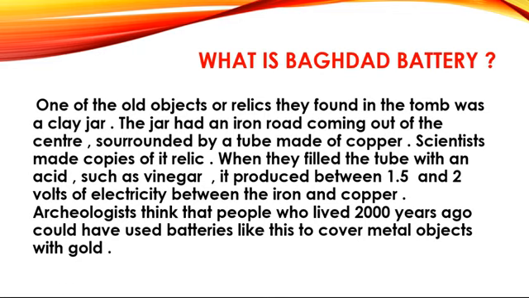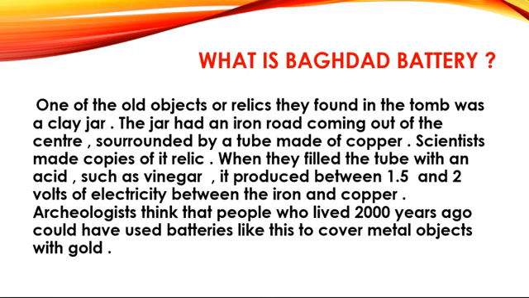The jar had an iron rod coming out of the center. In the center there is an iron rod surrounded by a tube made of copper. The scientists made copies of the relic. Relic means like the clay jar.